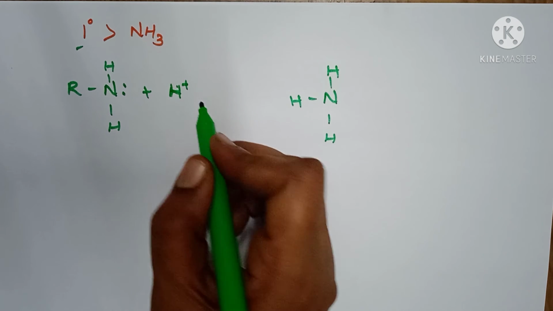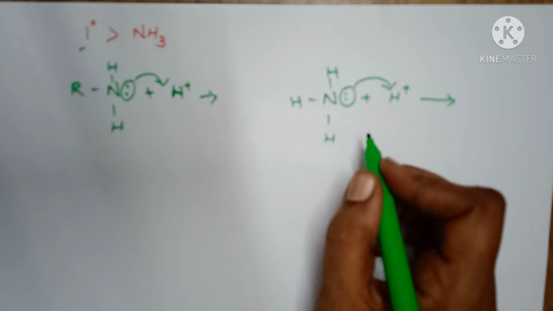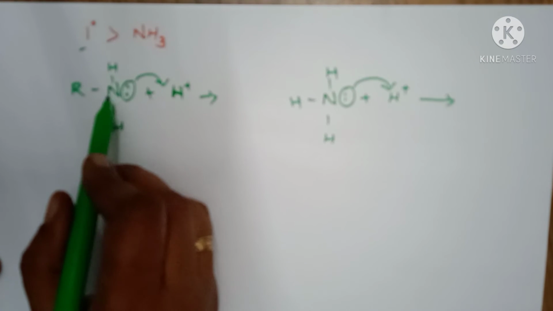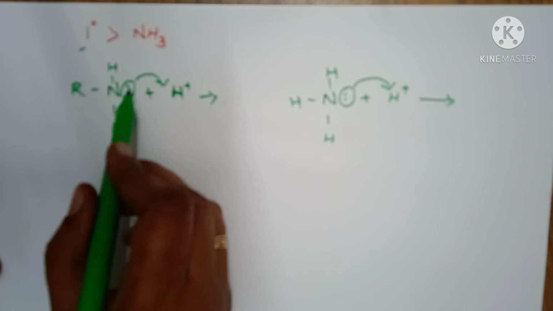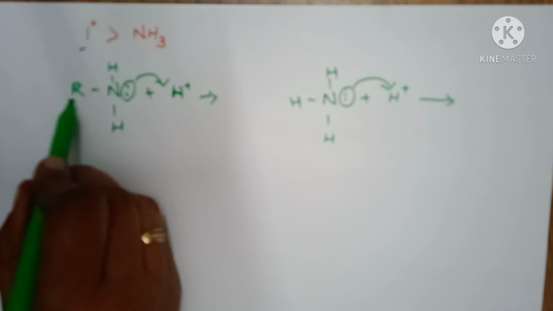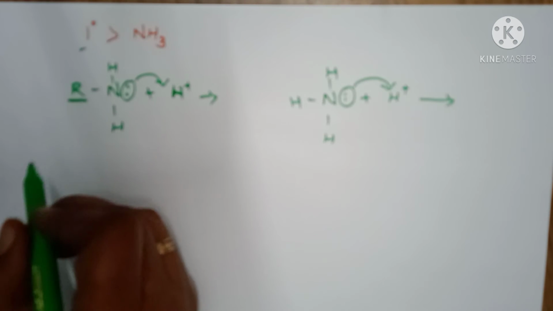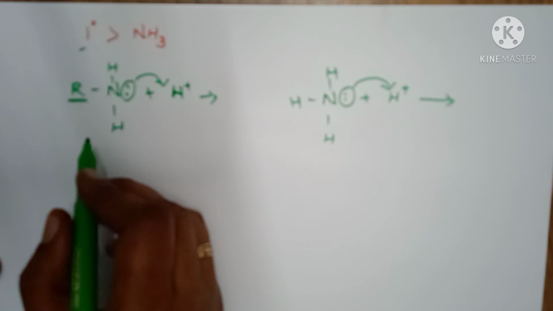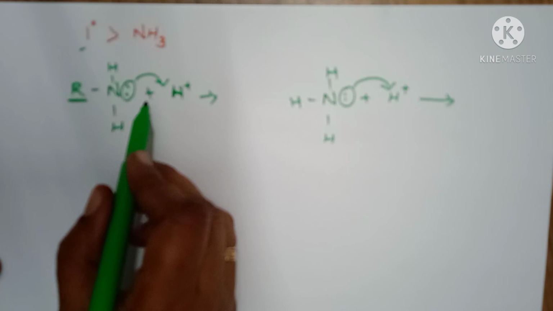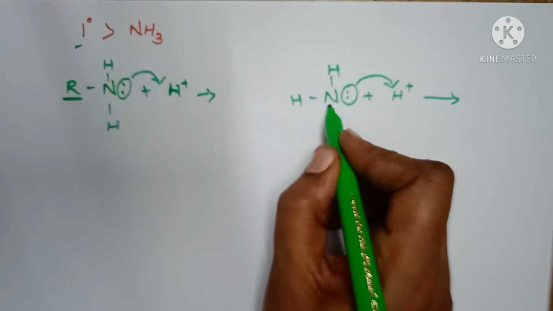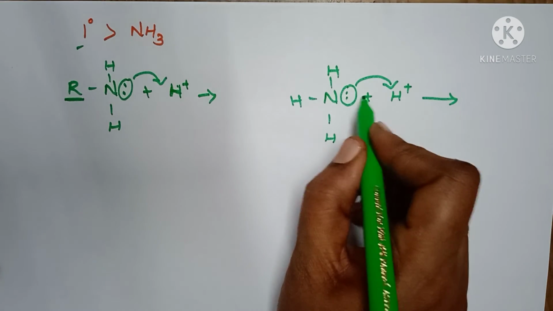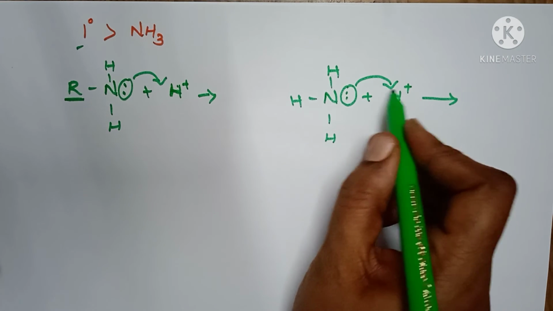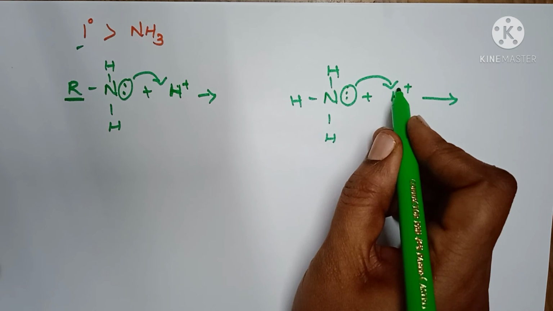Primary amines are ready to donate electrons because of that alkyl group, which is pushing the electrons. So naturally it is ready to give the electrons. Here the lone pair of electrons is attracted by the plus ion, so naturally it is going to give that.